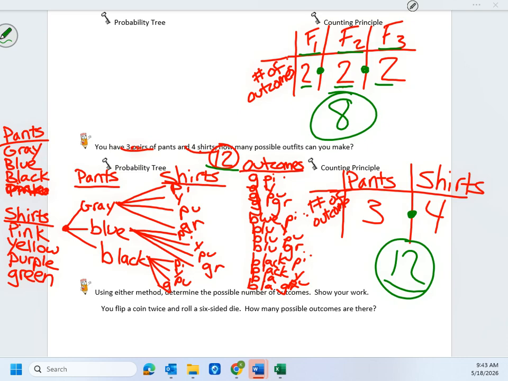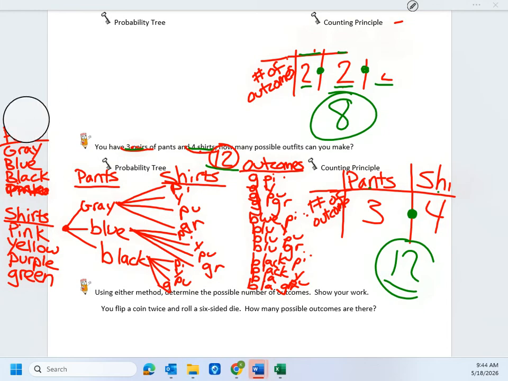Here's the trick. You need to list each of the events and think about how many outcomes there are in each event. I list pants, there are 3 different pants, so I put a 3 for the outcomes. There are 4 different shirts, so my outcomes for the shirts are 4. Is that making sense? We need to remember that we are multiplying those.